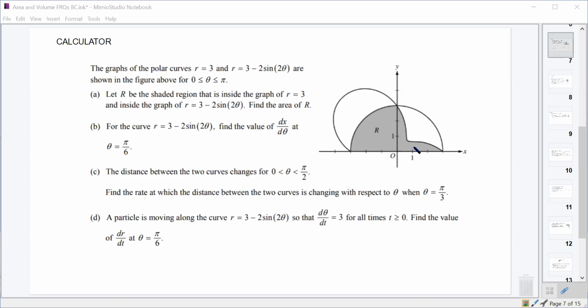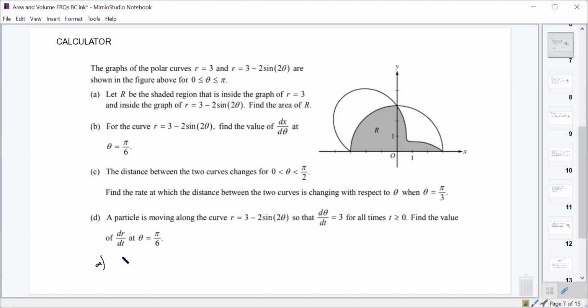So we want to find the area of R. In order to do that, we can take a look at the quadrants separately. If we were to look at just quadrant 2, that would definitely be just a quarter of a circle with a radius of 3.